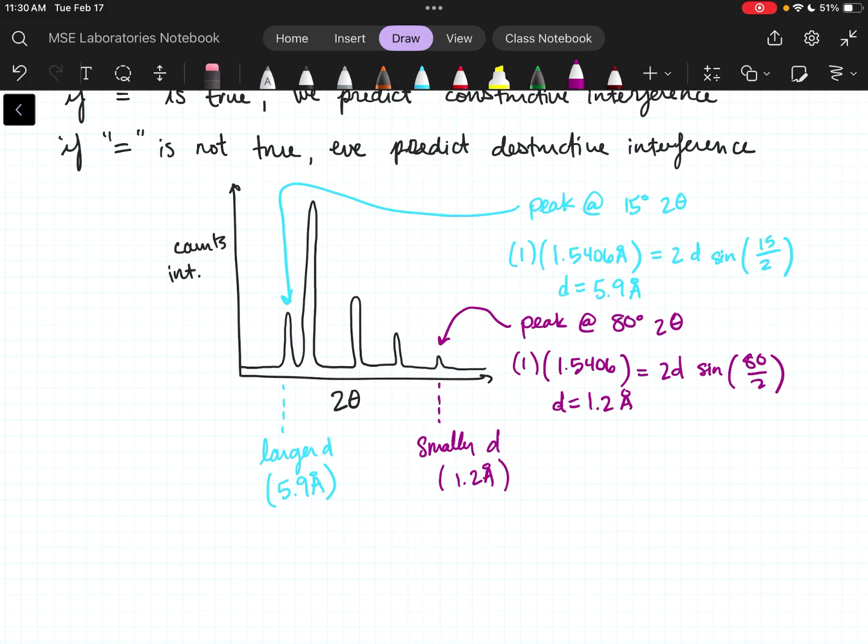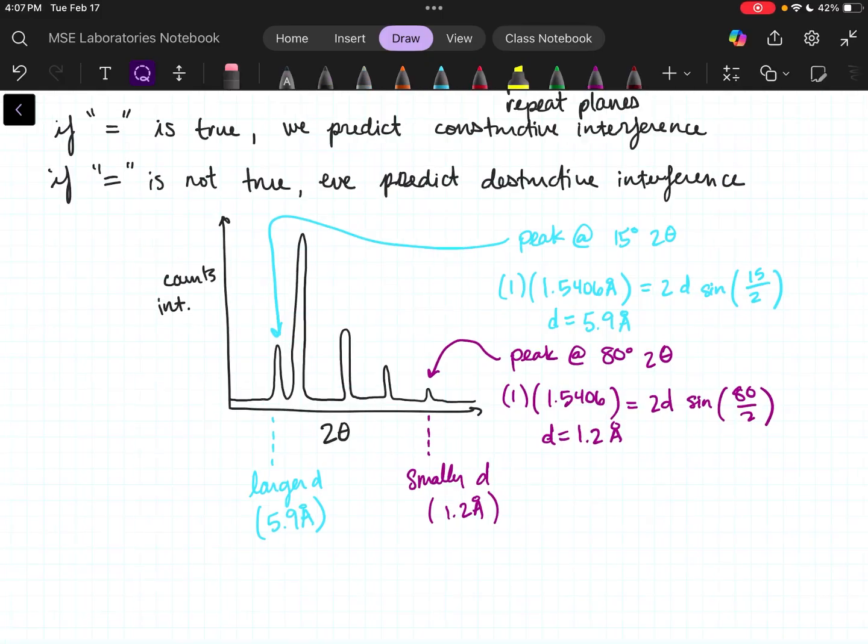And you'll notice that the higher 2 theta was a smaller D spacing at 1.2 angstroms. So 2 theta and D are inverse of one another, but it's really easy to convert between these peaks that I'm getting from the instrument and what D spacings are present in my material.